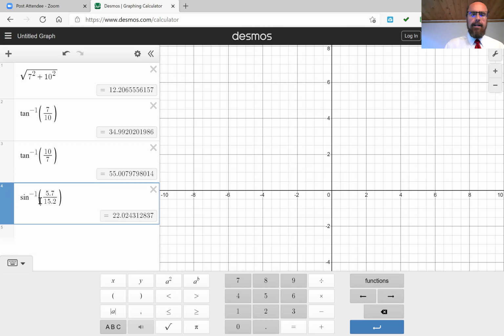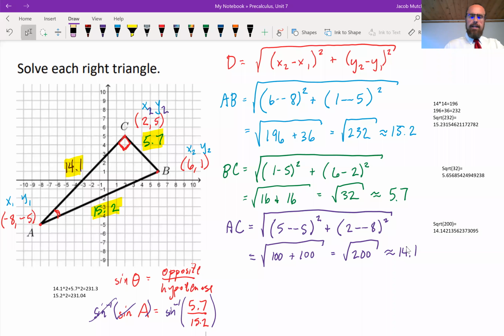And that's giving me an angle measure of 22 degrees. We'll finalize that one. So angle A we calculated as 22 degrees. Measure angle A equals 22 degrees. And I'll mark that here, 22 degrees.